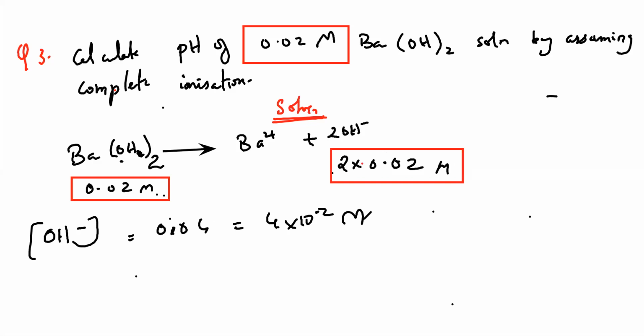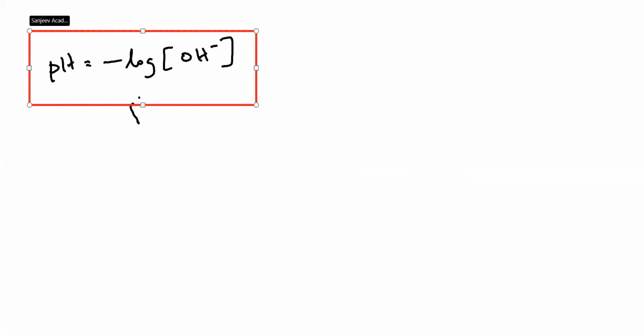Formula used. I'll write on the next page. pH is equal to minus log of, instead of H plus, I'll use OH minus. Put it in a box. Correct?